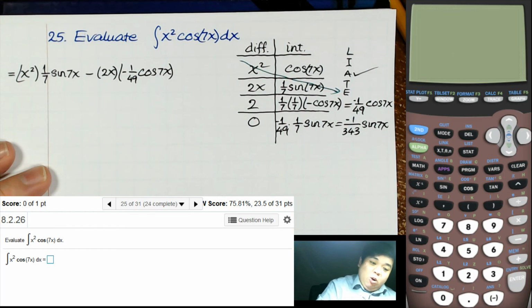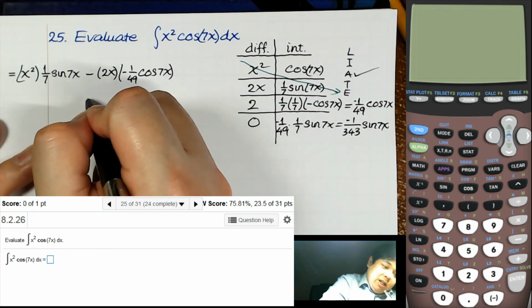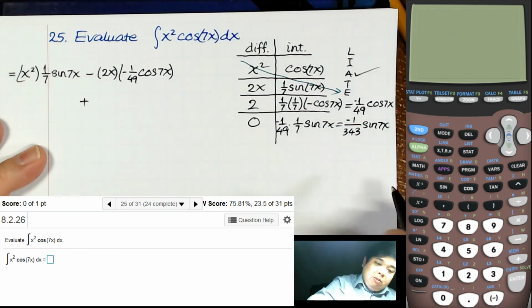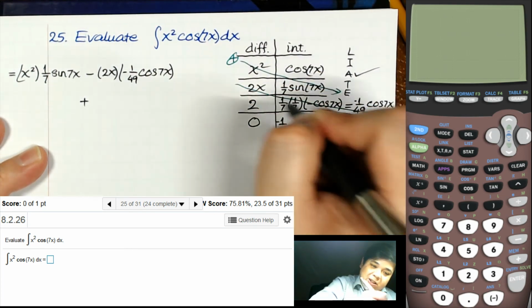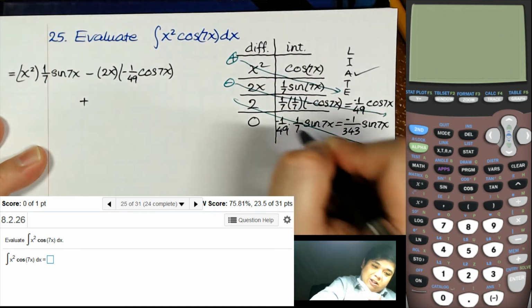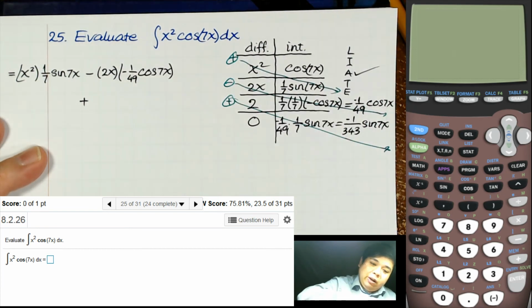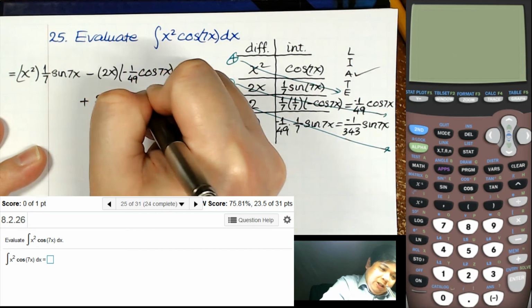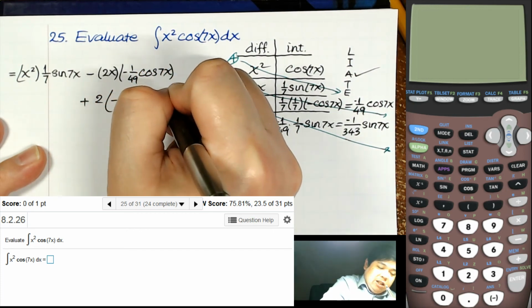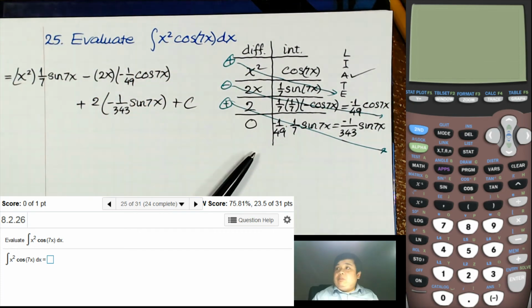I'm just trying to type the whole thing like this and see if it works.